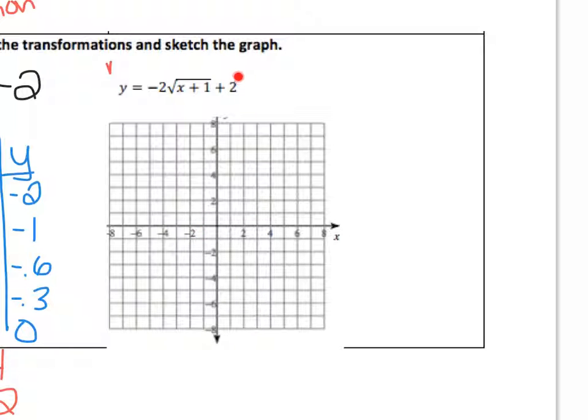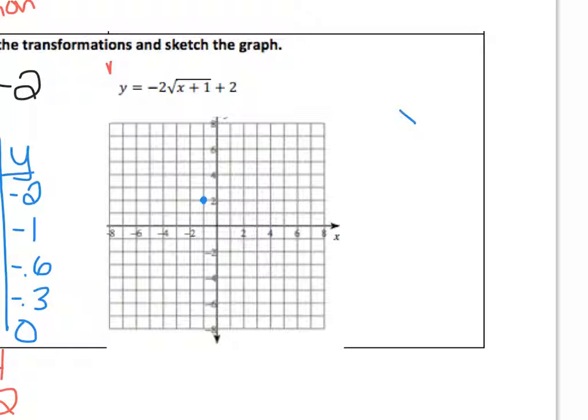Now outside, we're adding 2. And this is going to be up or down in the same direction. So we're actually going to go up 2. So we're going to go to the left 1 and up 2, and that's where we're going to make our first point.